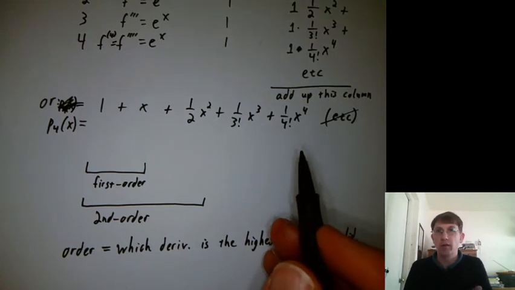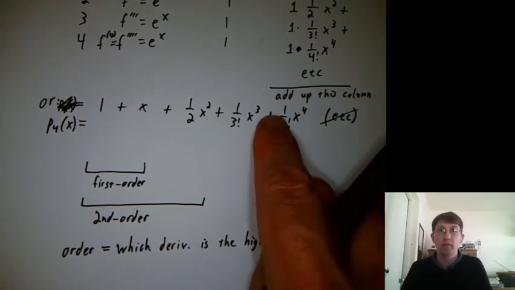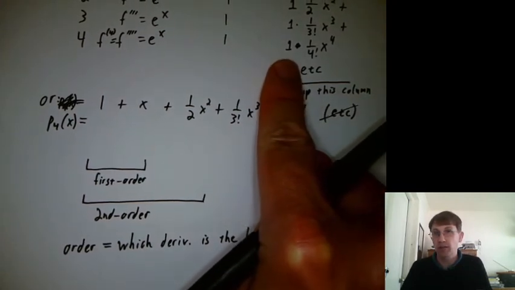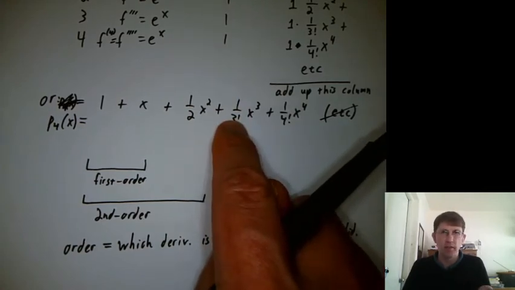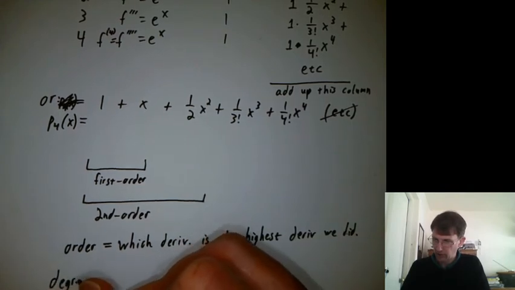Is that the order, or is that the degree of the polynomial? Well, if that multiplier here, that 1, had been a 0, then we wouldn't have had an x to the 4th term, so the degree would have actually been 1 less. It doesn't seem like an issue here, but it is later, so we'll just say, what's the degree of the polynomial?